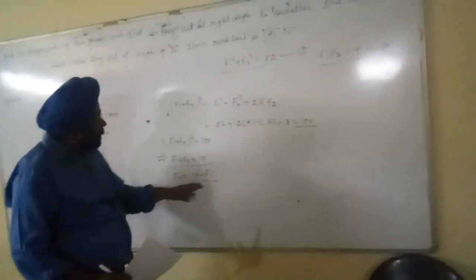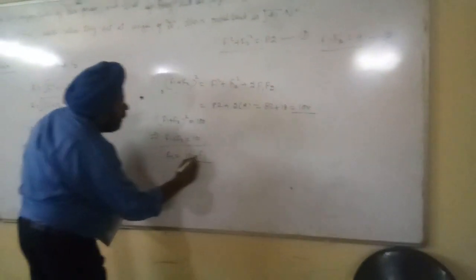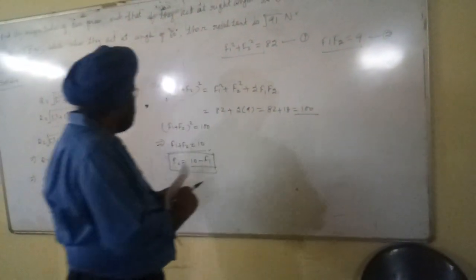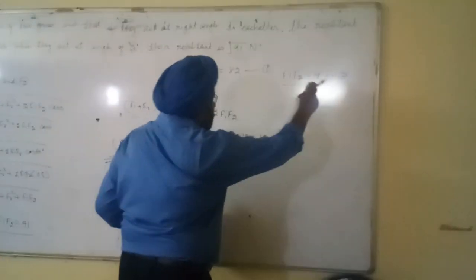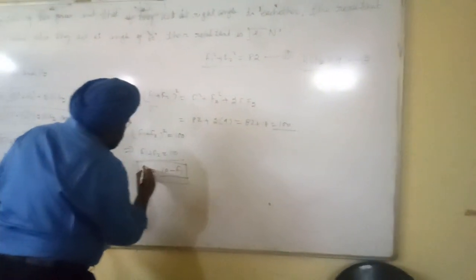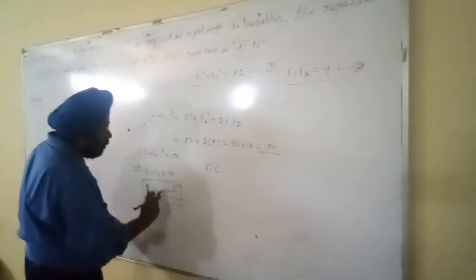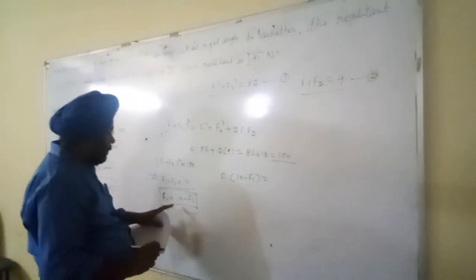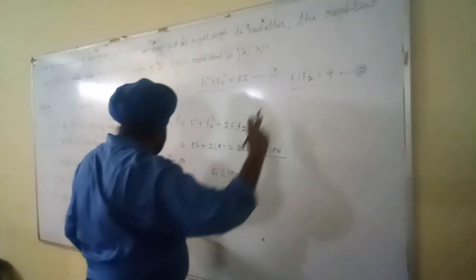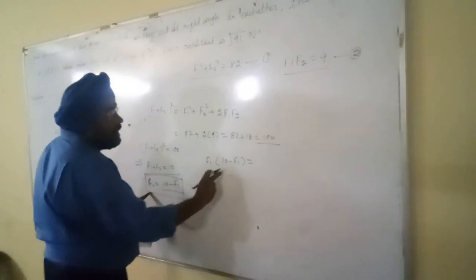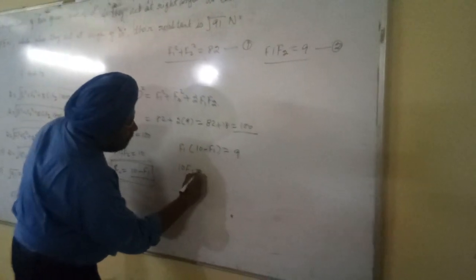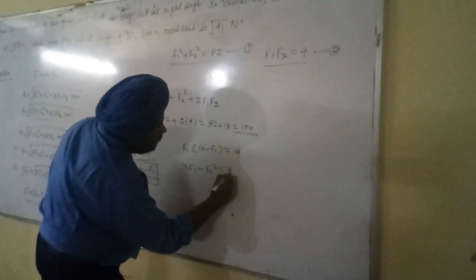Putting the value of F2 in equation number 2, F1F2 is equal to 9, so F1 times (10 minus F1) is equal to 9. It means 10F1 minus F1² is equal to 9.